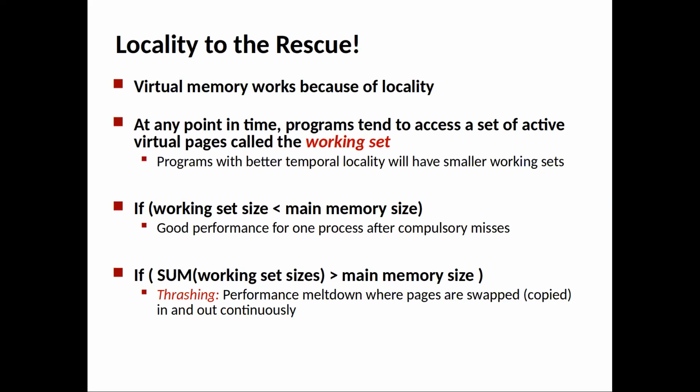No matter how good our page replacement algorithm is, if we really have to access all these pages, and we have to evict one page, then bring another page, evict one page, and bring another page, that's going to be disastrous, right? Because effectively your memory speed will reduce to your disk speed.